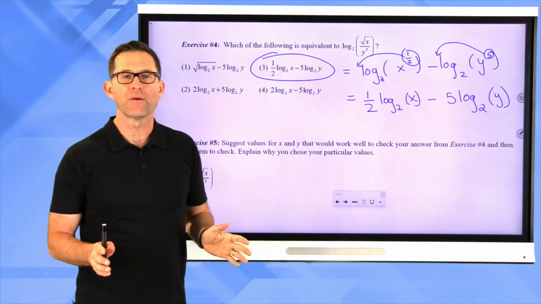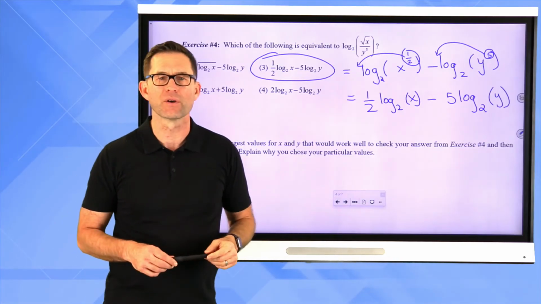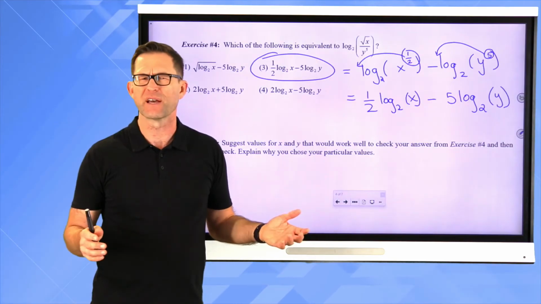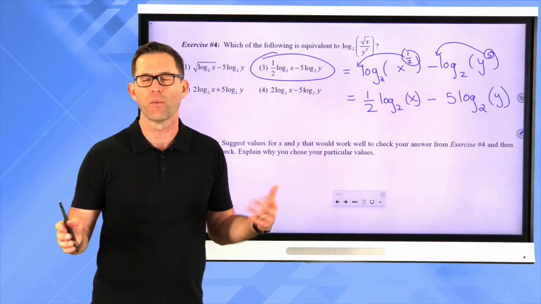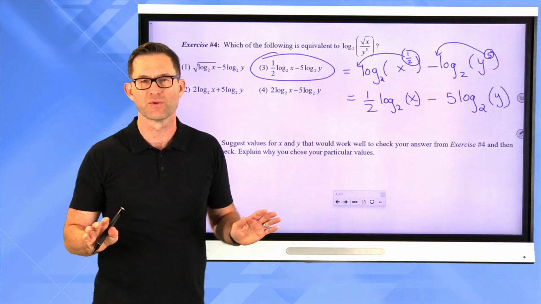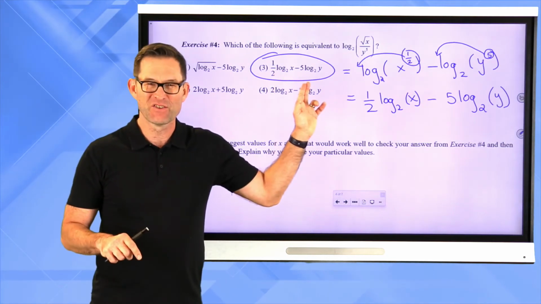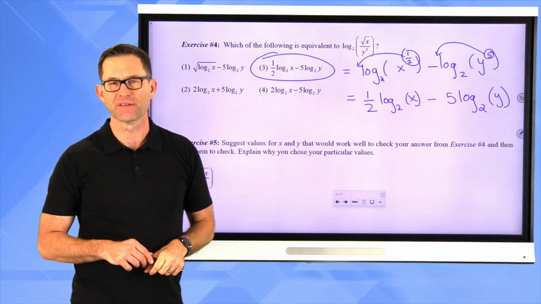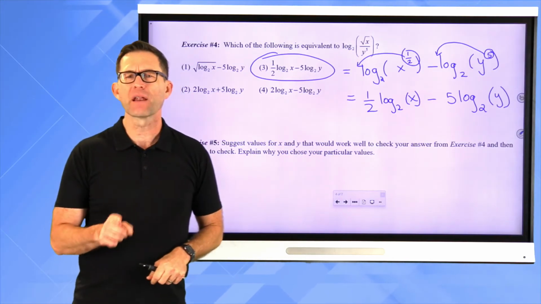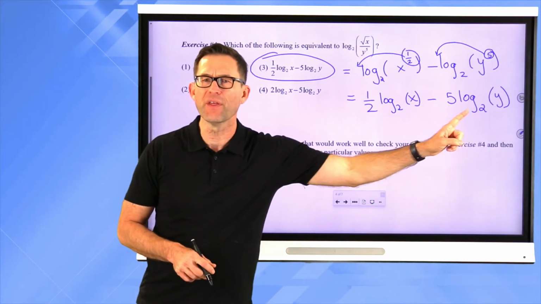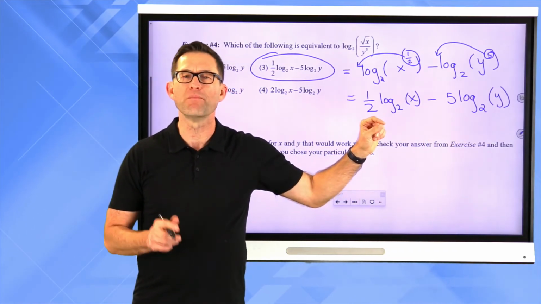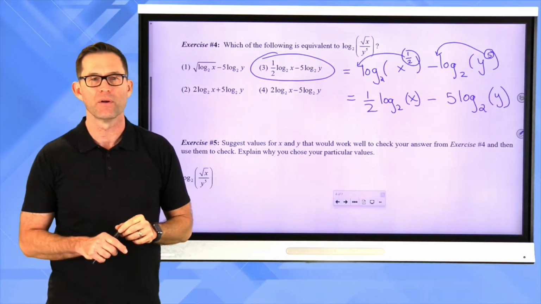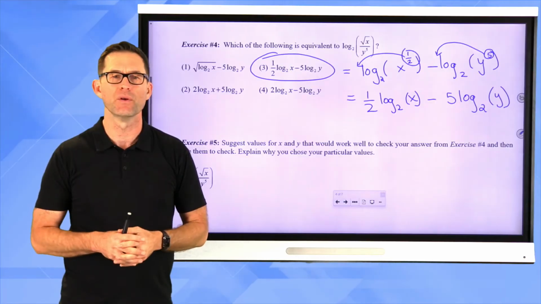Now, in order to do that, kind of like a few problems ago where we had x equals 81 and x equals 27, I need to choose particular values of x and y that might make it easy to check this. So think about that a little bit and maybe consider numbers for x and y that would be easy to find the logarithm base 2 of. Pause the video now and see what you can do.